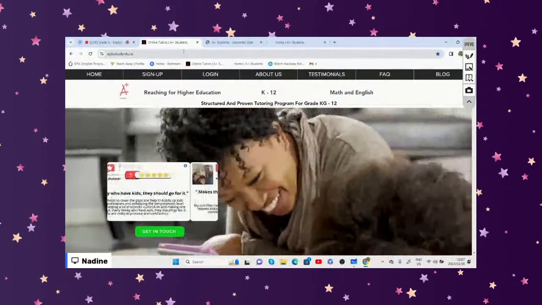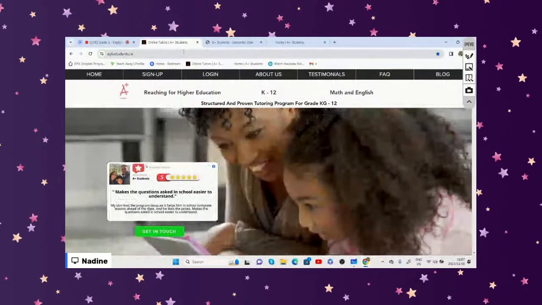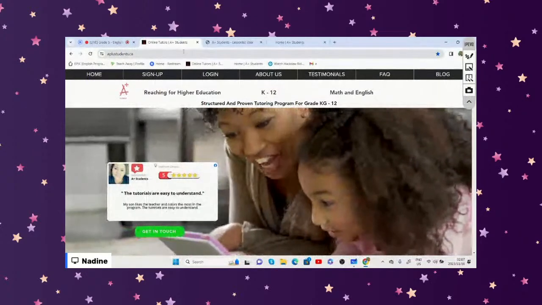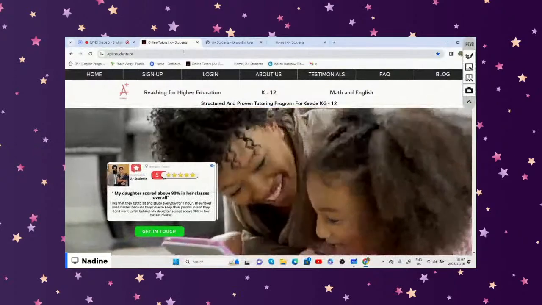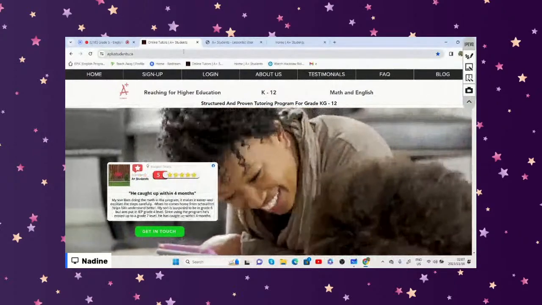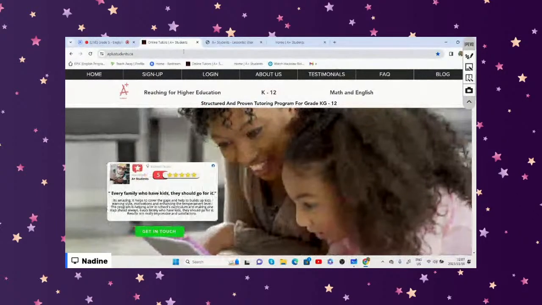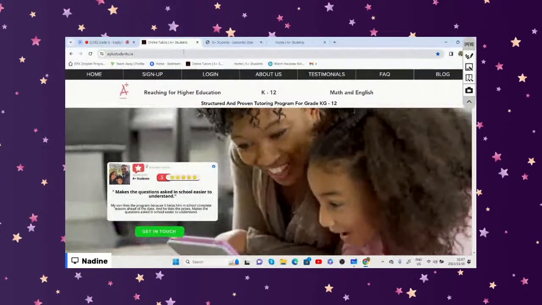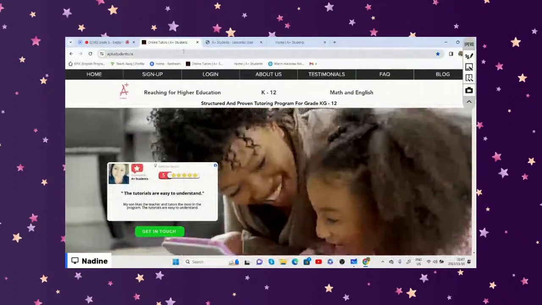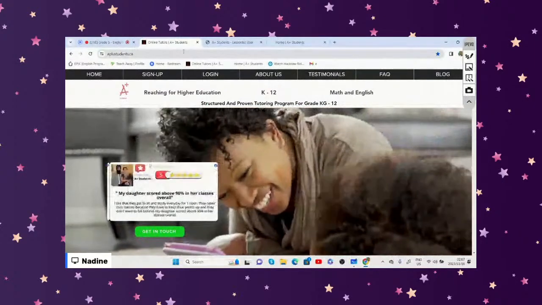And then grade 5. After we've done that, we're going to scroll down up until we get to the chapter of prefixes and suffixes.